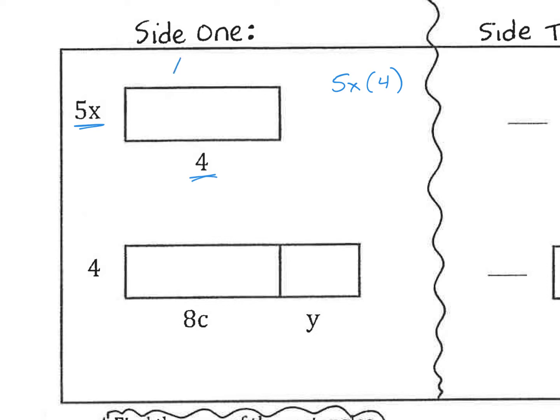We know the area of a rectangle is just length times width. So we can figure out the area by doing 5x times 4. Basically, this is saying we have 4 groups of 5x, which gives us a total of 20x. So 5x times 4 is equal to 20x.